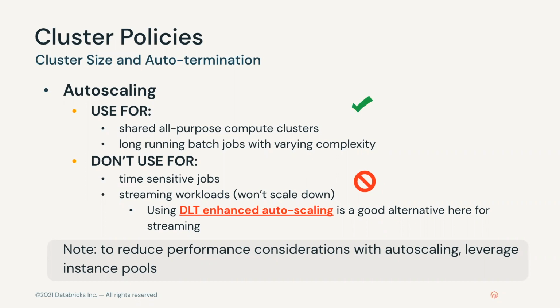And also, if you have long running batch jobs, which you don't necessarily have a time sensitive kind of SLA for, where you can have it run for a while with varying complexity, where maybe there was a specific part of the job that takes a whole bunch of memory, and then another piece of the job that requires very little memory.